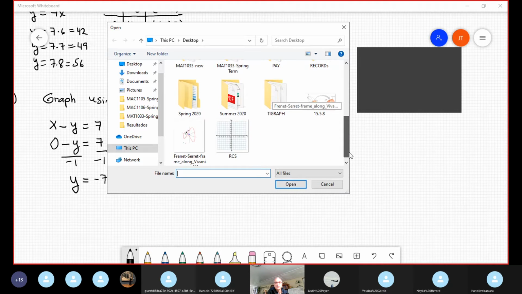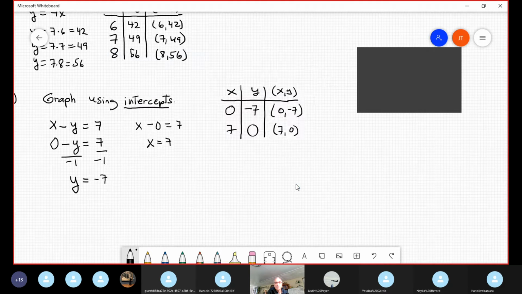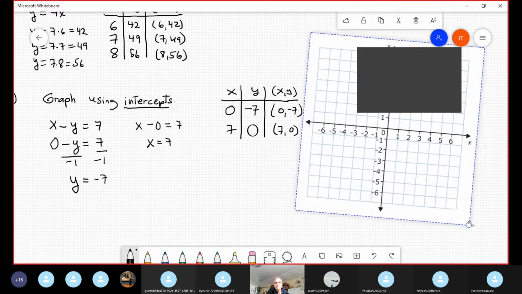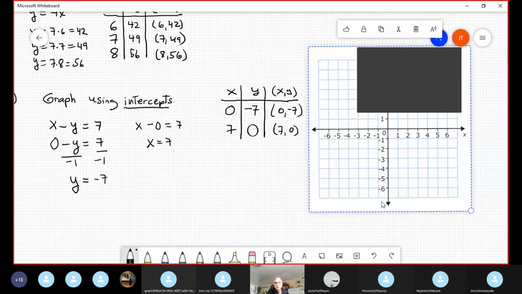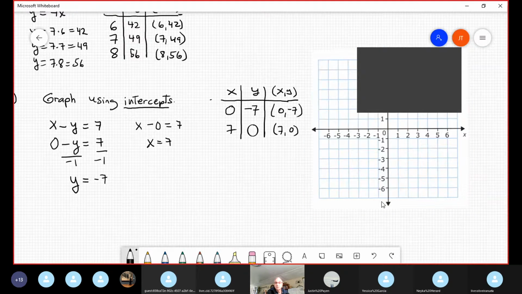Okay, let me try to find graphic paper. Okay, 7 is too much, but it doesn't matter. Using my imagination, 7 is here. So the first point 0,7 is here. And 7,0 is here. And we're connecting these points with the line.